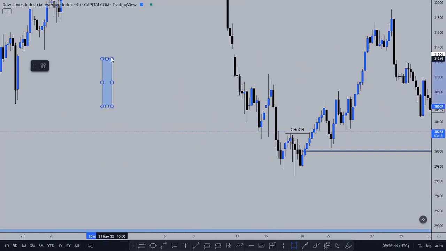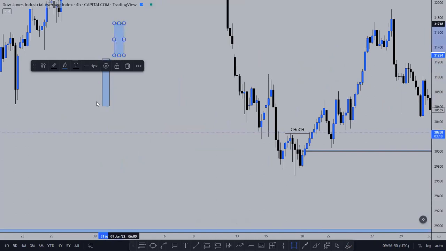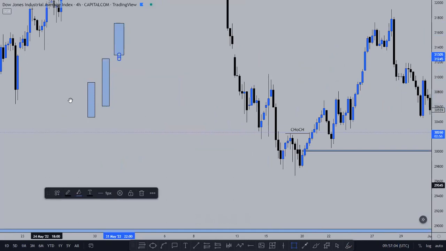Let me say this is the candle in between. Then you're having something like this here, then here something like this. Let me just put a wick, something like this. Then here, let me also put a wick, like that.